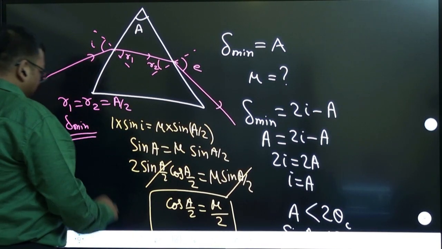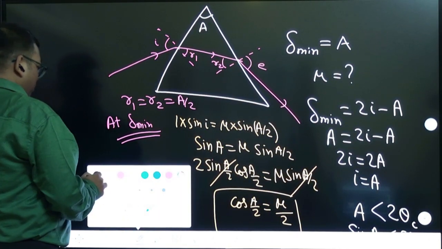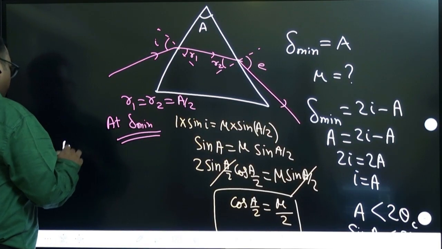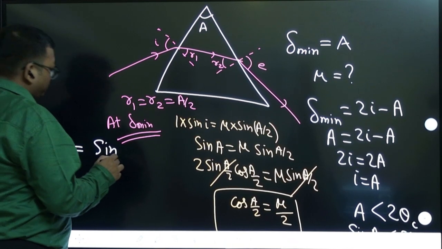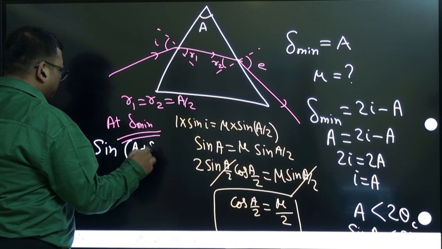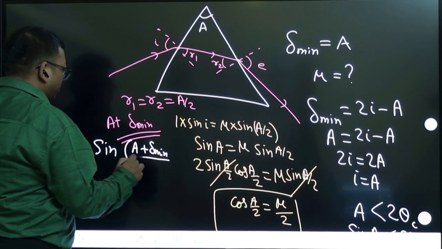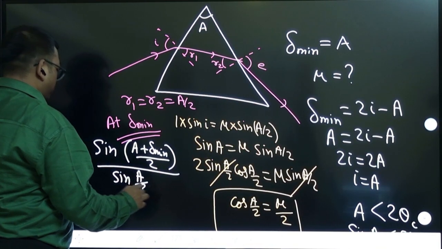Tell me, mu is equal to sine of minimum deviation by 2 by sine of A by 2.